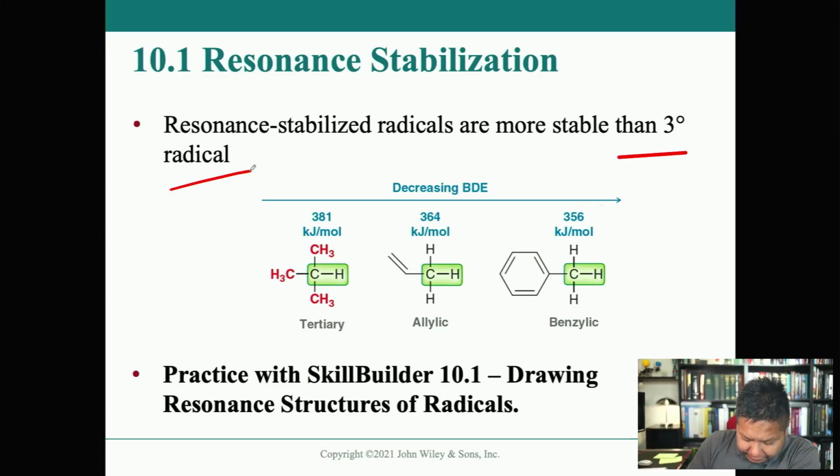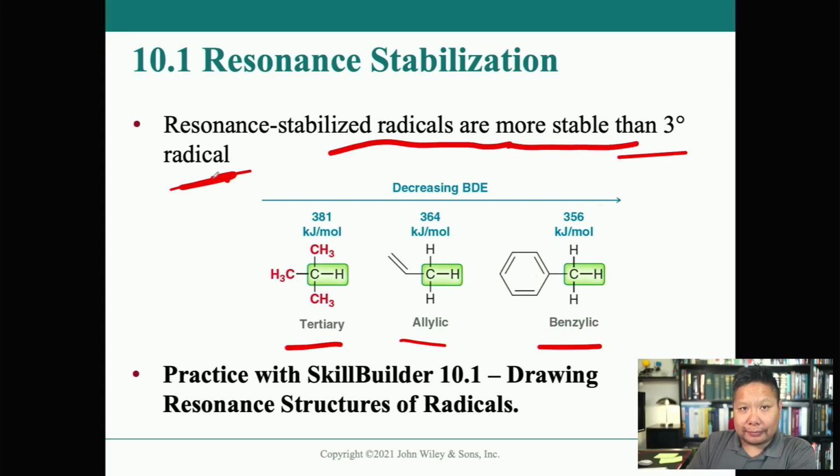So same thing here: tertiary to allylic to benzylic. Resonance stable radicals are more stable than tertiary radicals. Practice skill builder 10.1: drawing resonance structures of radicals on Wiley Plus.